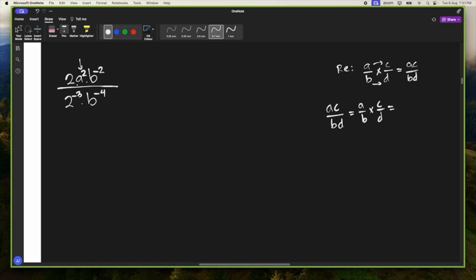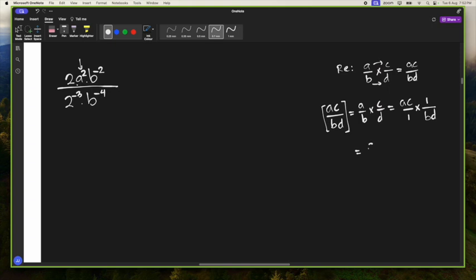I could also split this up to give me AC over 1 multiplied by 1 over BD. Right? If I multiply this, I will get back this. So this could be split up in all kinds of ways.